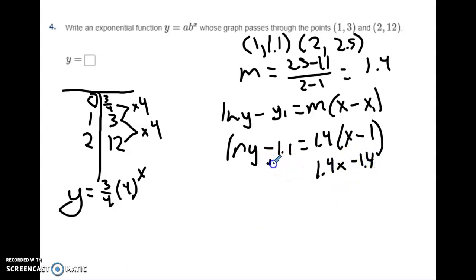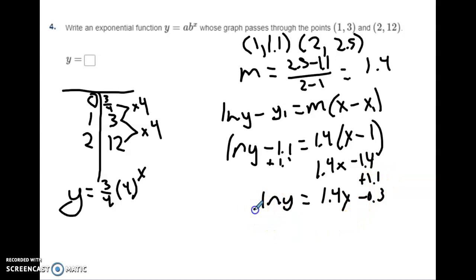Go ahead and add that 1.1 here. So add 1.1. Now we have the natural log of y is equal to 1.4x minus 0.3, because the negative 1.4 plus 1.1 is negative 0.3.